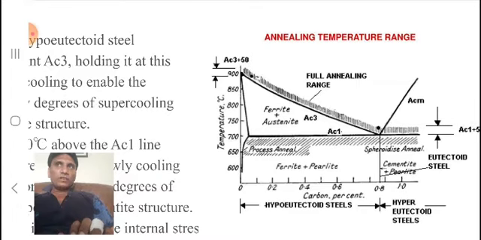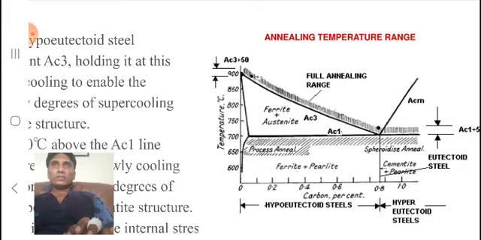The moment it comes below the ACM line, part of the austenite will convert into cementite. Whatever carbon is present in the austenite comes out and forms a cementite network structure around the grain boundaries.